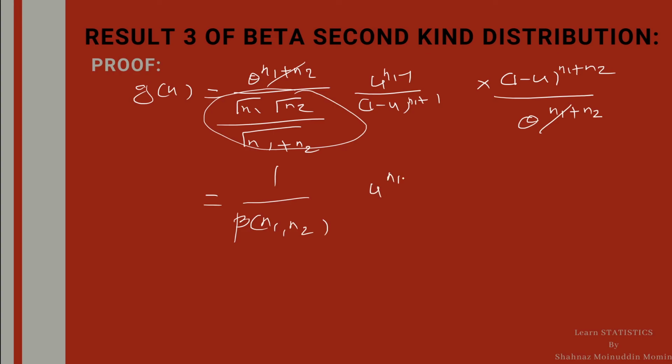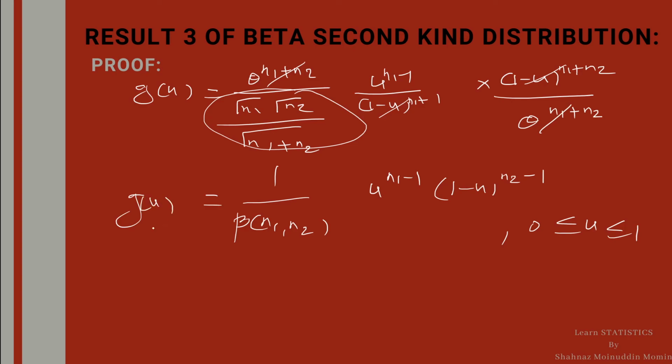u raised to n1 minus 1, 1 minus u raised to n1 get cancelled with 1 minus u raised to n1, into 1 minus u raised to n2 minus 1. This 1 is in the numerator, so it is minus 1, with the range 0 less than u less than or equal to 1.